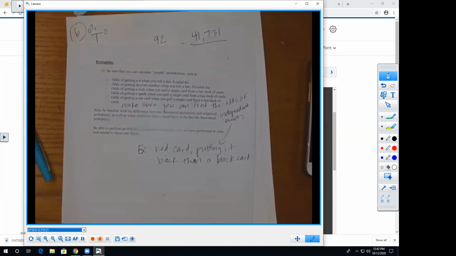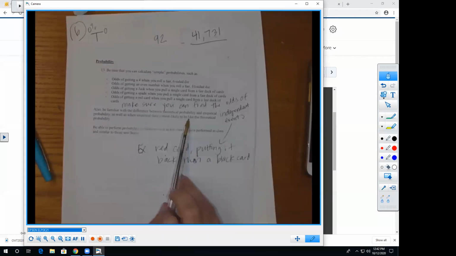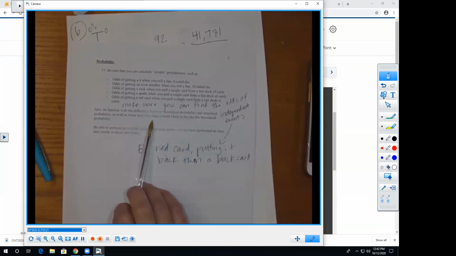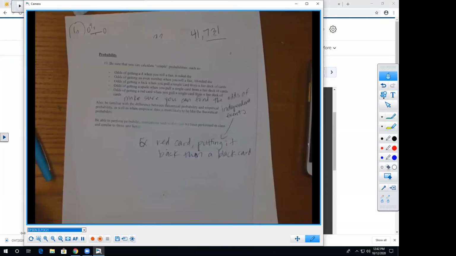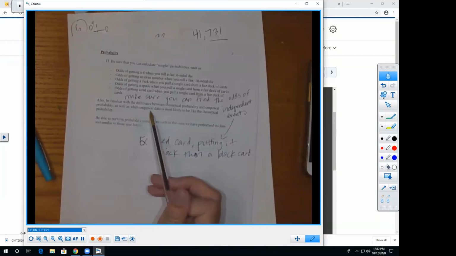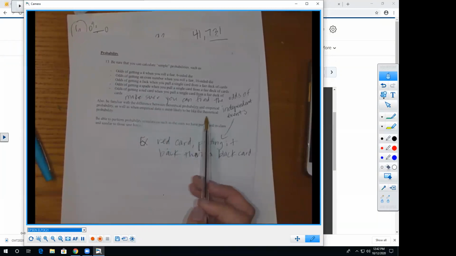That's the theoretical probability. Empirical probability is actually performing the experiment and seeing how many times you got heads out of how many times you flipped the coin. And when is it most likely to be the same number? That's what we talked about, the law of large numbers. The more times you perform the experiment, the closer the empirical data gets to the theoretical data.